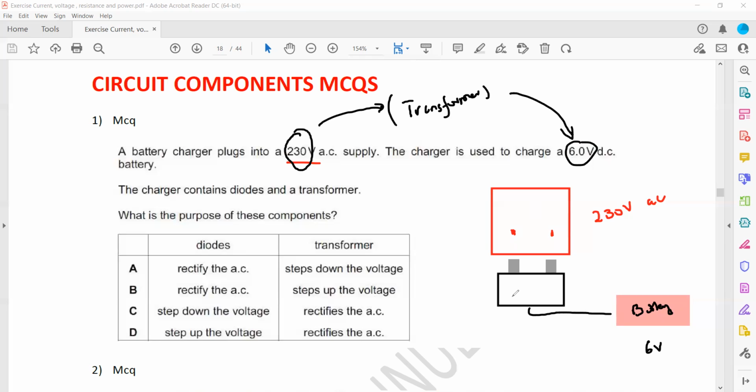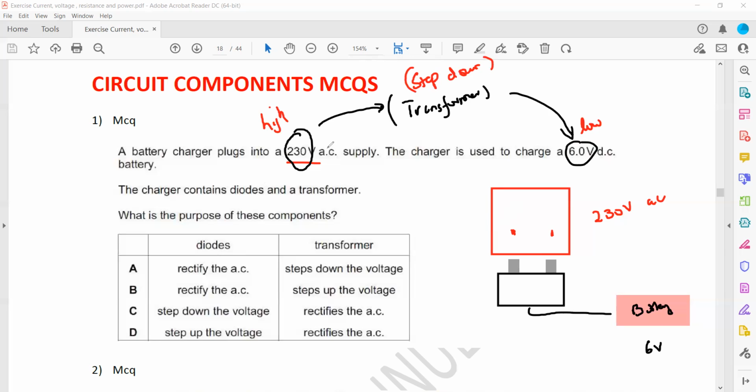The mobile charger which we use has a transformer that transforms the voltage from a high value to a low value. When a transformer converts high volts into low volts, we call it a step down transformer. Step down means reducing the voltage. So our mobile charger or battery charger is a step down transformer.